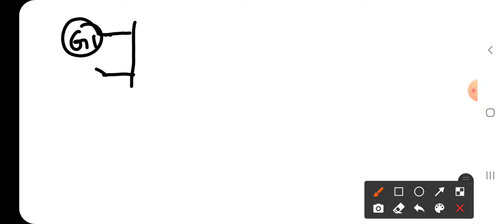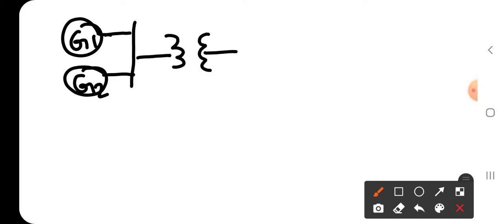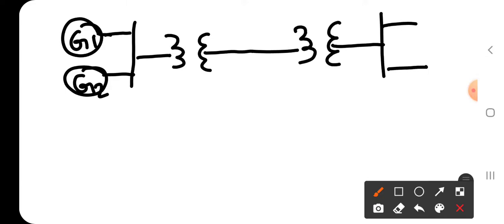Suppose, for example, this is one single line diagram which contains one generator G1, another generator G2, one transformer, one transmission line, one transformer again, and here I connect two loads, one is a motor and another one is a load.